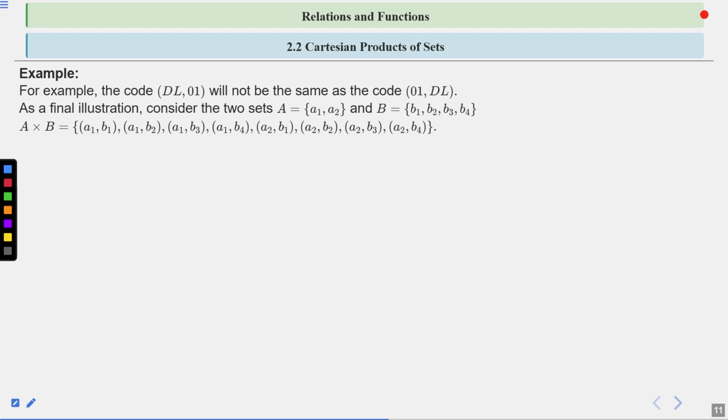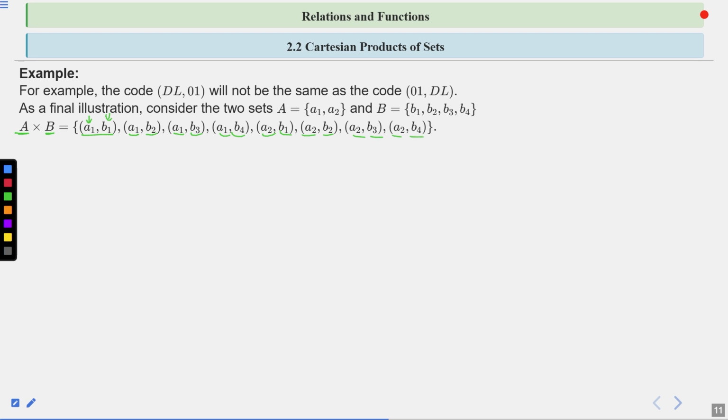So how are we going to construct our 8 pairs? Simple, the first element in the pair must belong to set A and the second element must belong to set B. So A1, B1. Now A1 can be paired with B2, A1 with B3, A1 with B4. The same goes for A2: A2, B1, A2, B2, A2, B3, A2, B4.